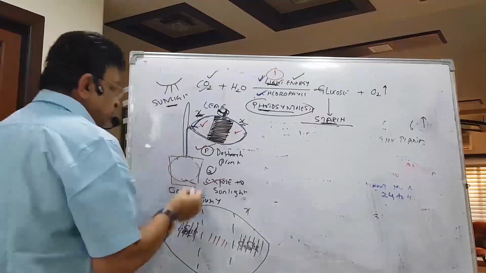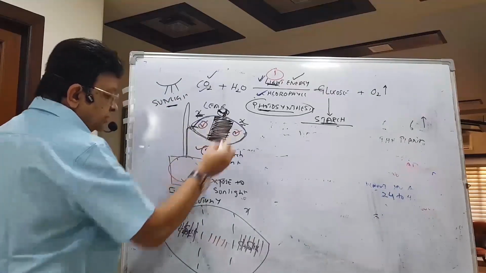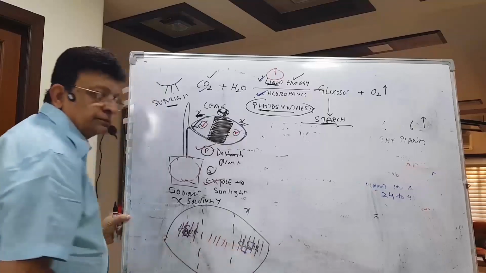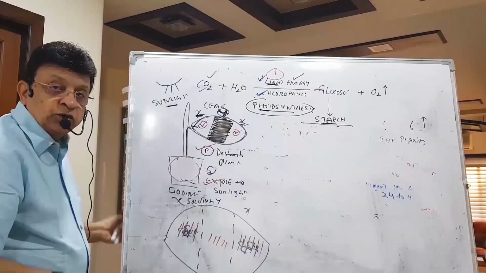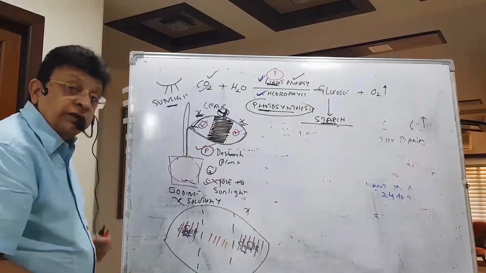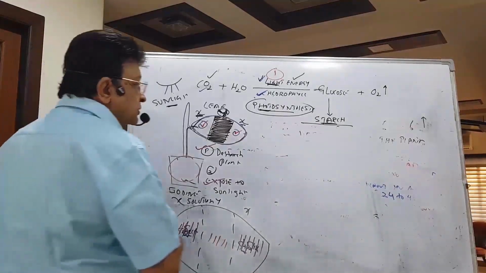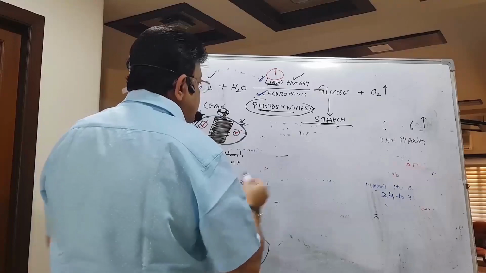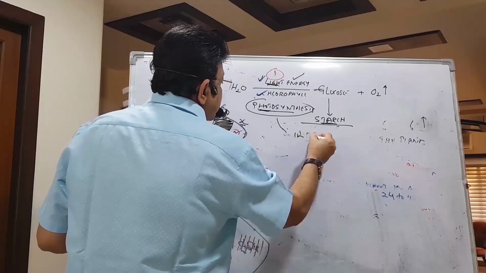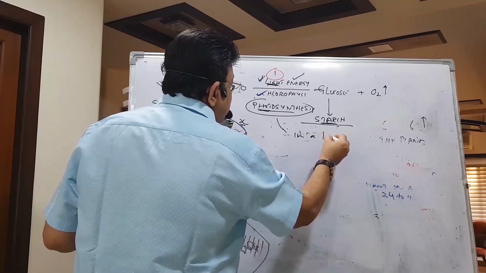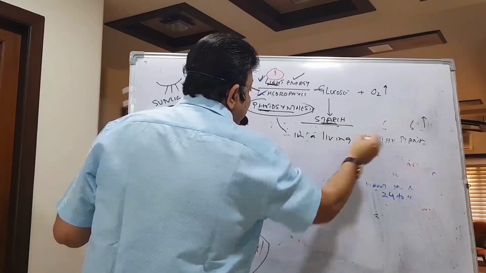When I exposed it to the light, the exposed areas did contain starch. So when I added iodine, I expected that to turn blue-black. Then why did it not turn blue-black? That is because photosynthesis occurs in all living cells, in a living cell.